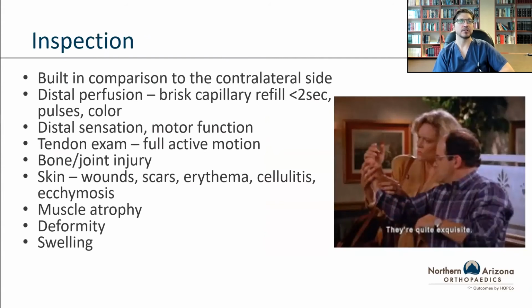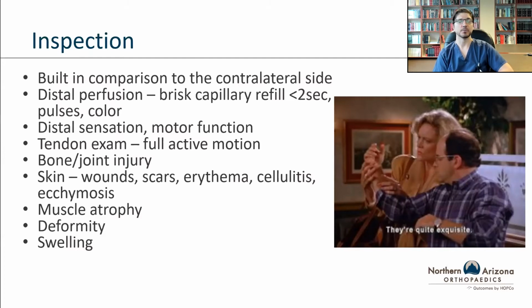Again, inspection is critical, and luckily in hand surgery, we have a built-in comparison to the other side. We look at perfusion, pulse examination, as well as color of the fingertips. Since sensory exam and motor function are a critical part of this, we also do a full tendon examination and look at the motion that each tendon provides.